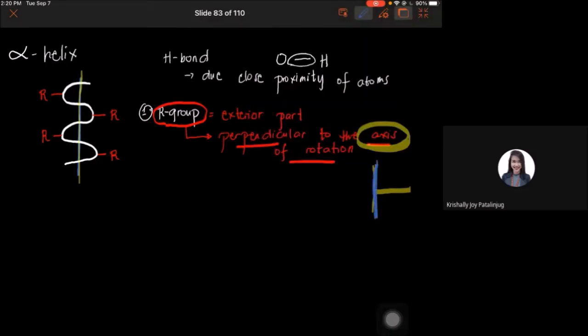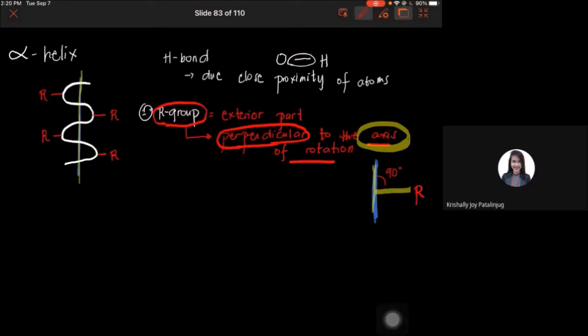Okay? Halimbawa, this is the axis of rotation, and then you have there the R group na nasa exterior, di ba? Yung alignment nila perpendicular. Then we can observe formation of a 90-degree angles. Okay? And I think you are already familiar with kapag sinabing perpendicular, it will really form, di ba? 90 degrees angle. I repeat, perpendicular, it will form a 90 degrees angle.